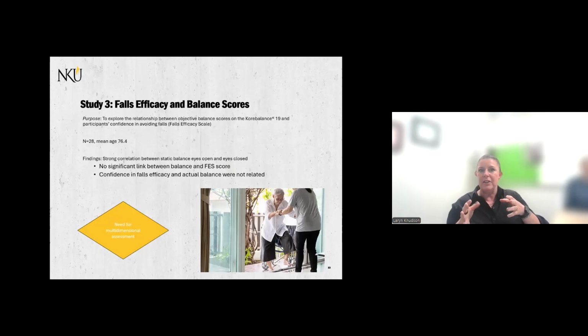So that's interesting. And there's some curiosities there that we want to dive a little bit deeper into, because essentially, what that's saying is that individuals are not necessarily great at predicting their fall risk. And that could be a function of the location that we're at, because these are individuals who are members of a fitness facility.